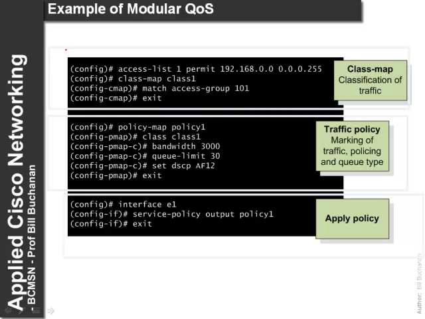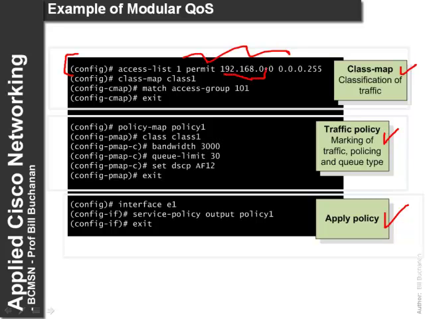On the Cisco device, we have what's called Modular QoS. With this, we typically define a class map to classify the traffic, then define how the traffic is policed, and eventually we apply the policy. So in this case, we have a simple ACL to match the traffic that we find interesting.